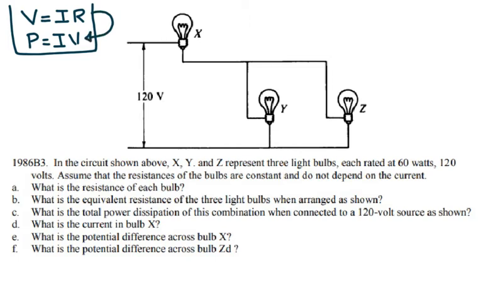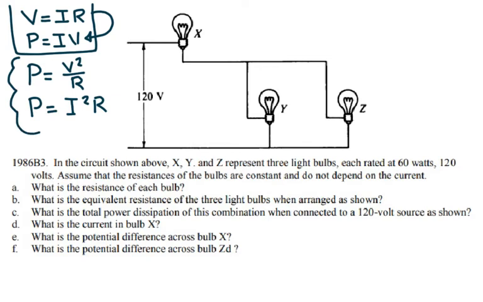If you substitute I with V over R, you get power equals V over R times V, which gives V squared over R. And I can substitute V with I times R, so power is I times V, but V is also equal to I times R, and that gives another formula, I squared R.